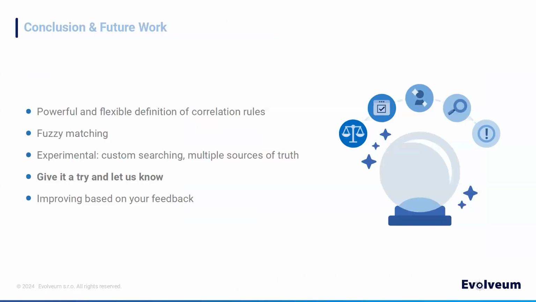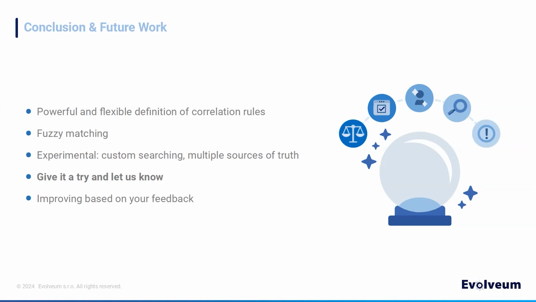Coming to a conclusion, we can say that the current implementation of the correlation provides both powerful and flexible means of the definition of rules. It provides fuzzy matching via the use of Levenshtein distance and trigram similarity metrics.